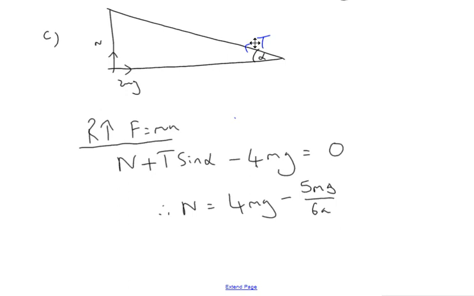And that was 3x plus a, wasn't it, for T, multiplied by 3/5 because that's sine alpha.